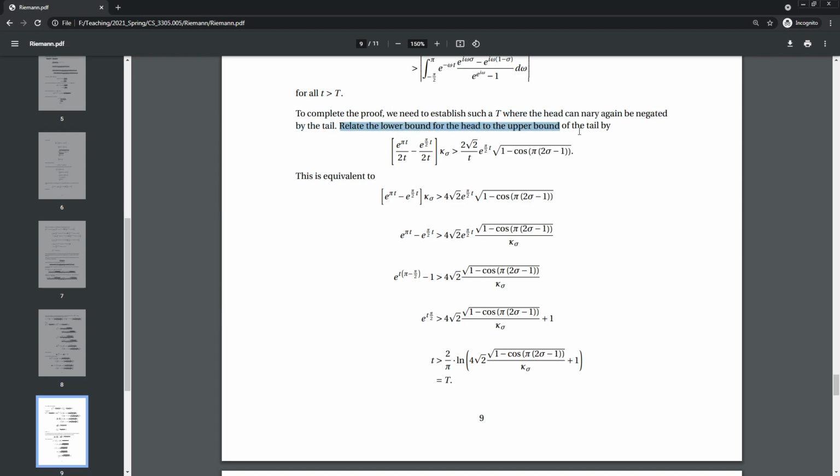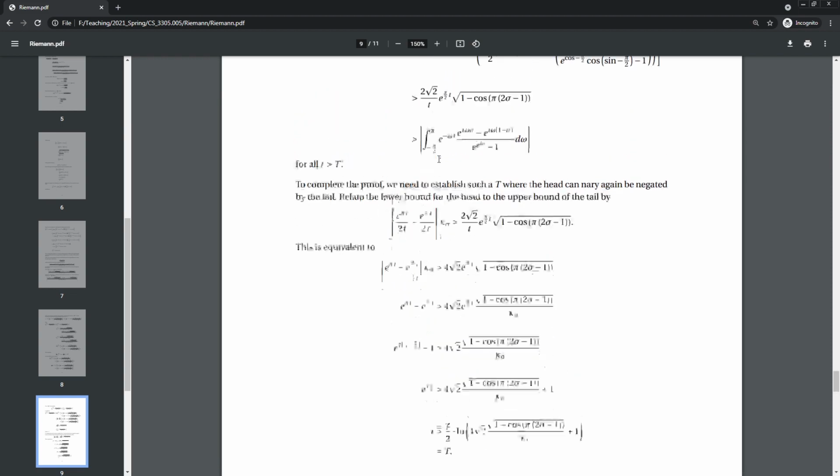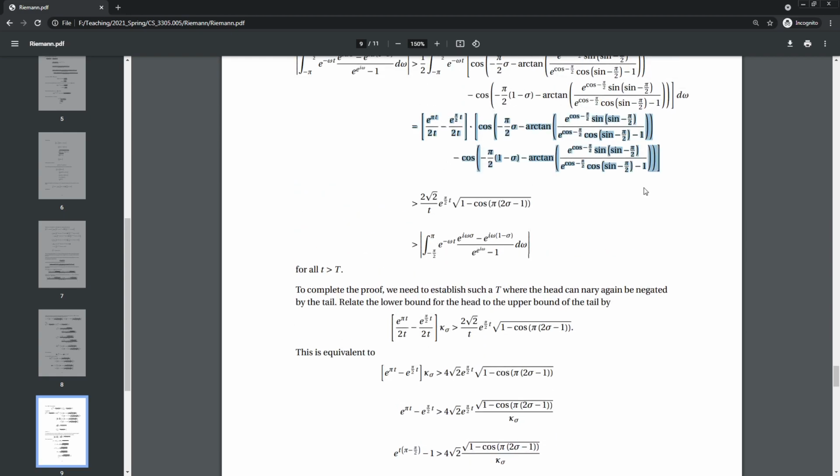Okay, so then we relate the lower bound for the head to the upper bound of the tail, right here we've established, right?